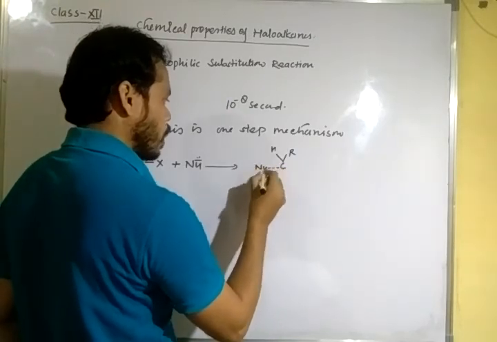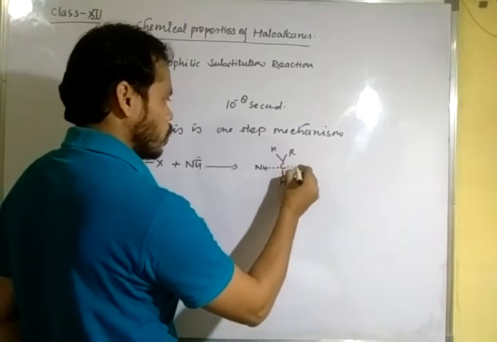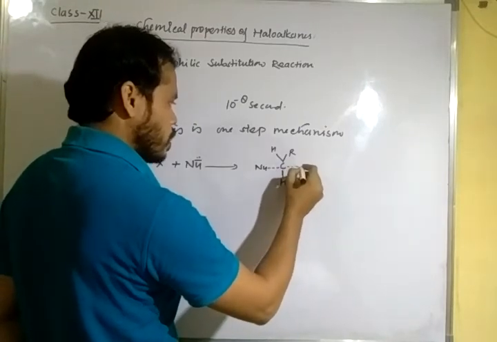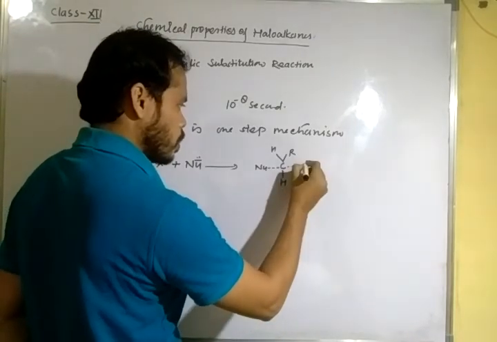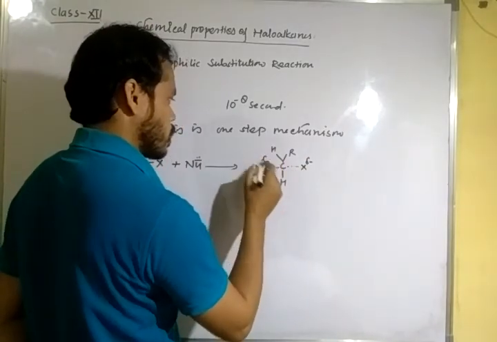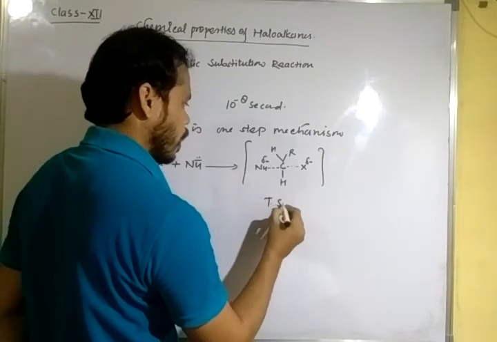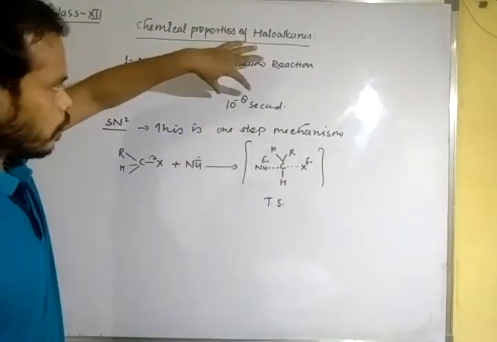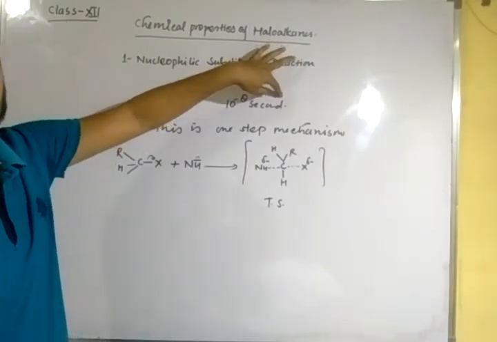The nucleophile attaches to the carbon atom partially and simultaneously the halogen atom is partially detached, and both get partial negative charge. This is a transition state, and it exists only for 10 to the power minus 8 seconds.